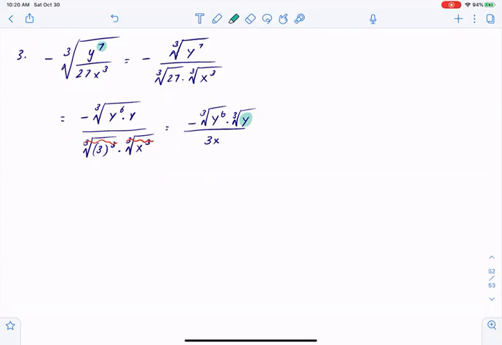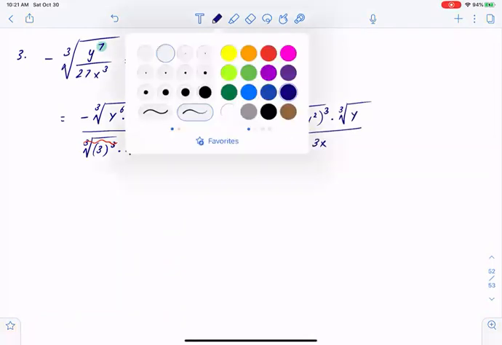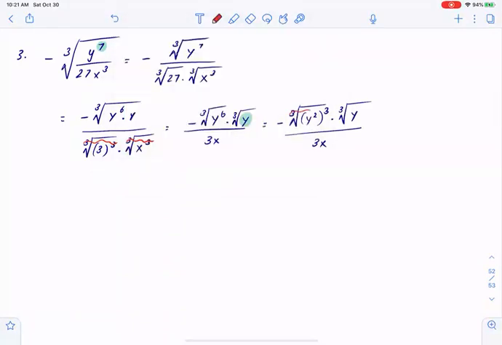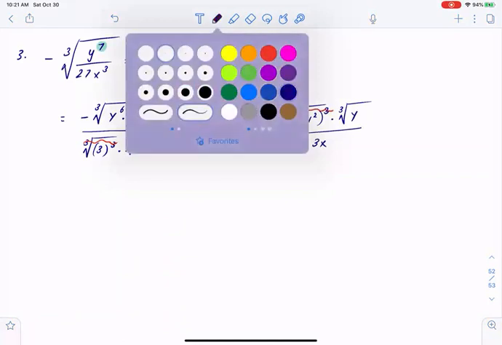So we just have to leave that as is. But y raised 6, I can write it as y squared raised 3 multiplied by the third root of y divided by 3x. The root and the cubed will get cancelled.